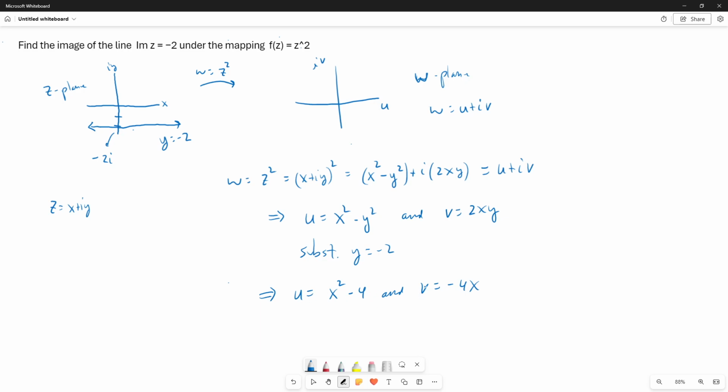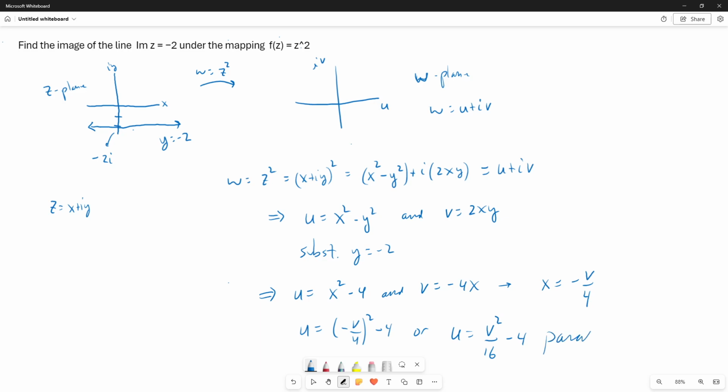So we would like to find a relationship between u and v, so we'll eliminate the x. This equation gives us x is equal to -v over 4. And we'll substitute that in here. So u is equal to -v over 4, quantity squared, minus 4. And we can simplify that to u equals v squared over 16 minus 4.